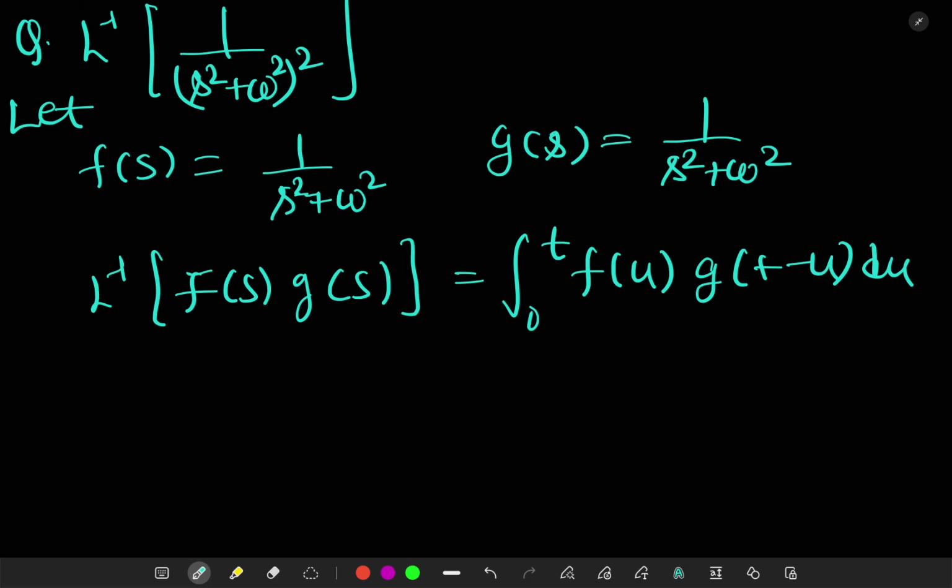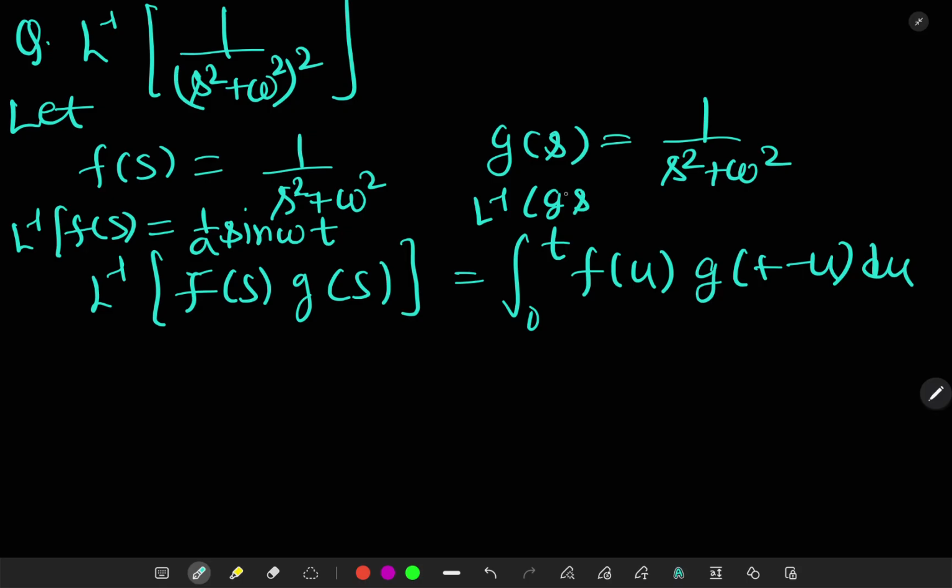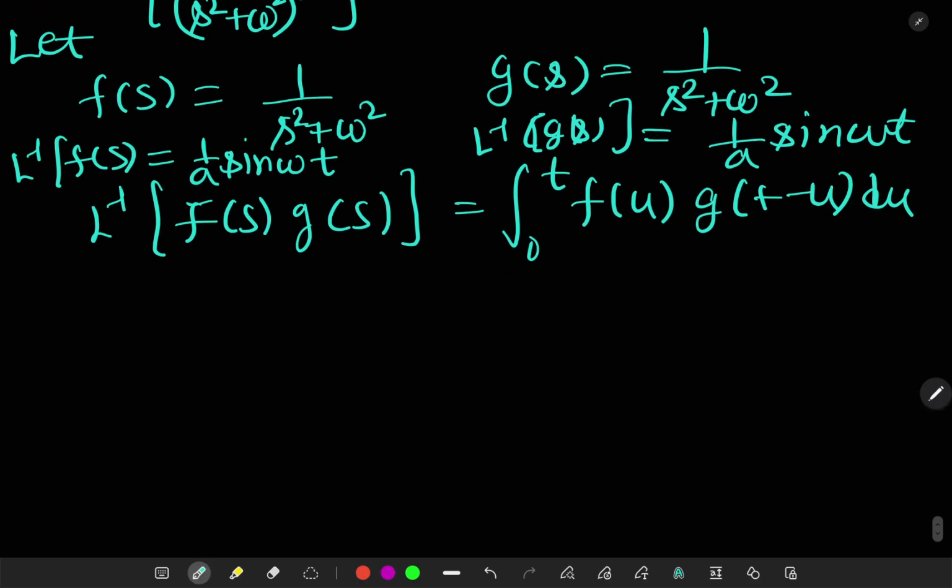We need to find their Laplace inverse transformations. The Laplace inverse transformation of F(s) is equal to 1 by w sin wt, and the Laplace inverse transformation of G(s) is equal to 1 by w sin wt, and we need to put these values in this formula.